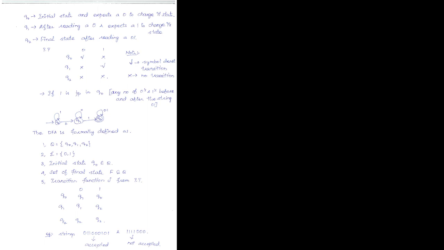So after reaching, yes, it is a substring here. One time if I get 0 1 in my string, then it can lead to the final state. Then it can have any number of zeros and ones in the final state.